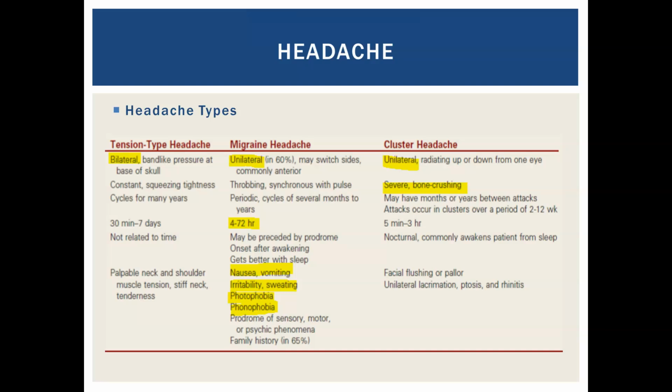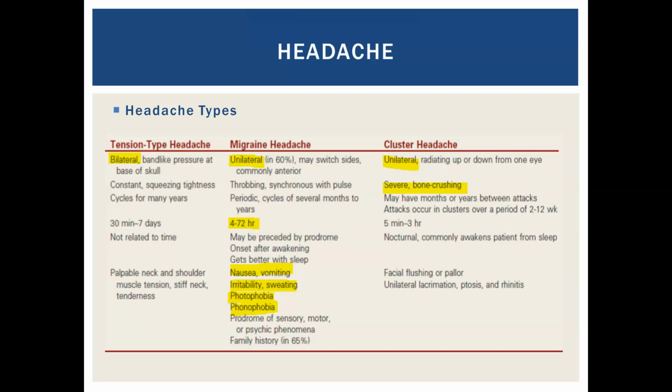Anywhere from 30 minutes to 7 days. That's a little hard, you can't really narrow that time frame down. It's not related to a specific time because you see such a broad range. And often you will have palpable neck and shoulder tension, and that's how we address it. It's usually caused by some of these muscle issues.